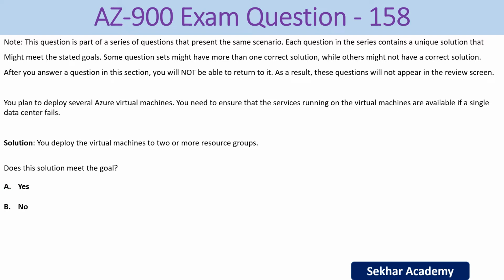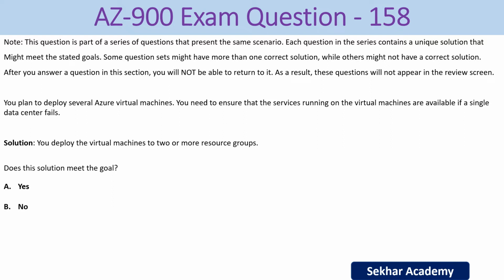AZ-900 exam question number 158. The question is the same and the provided solution is: you deploy the virtual machines to two or more resource groups. Does this solution meet the goal? Options are yes and no. The services running under the virtual machines are placed in a single data center.